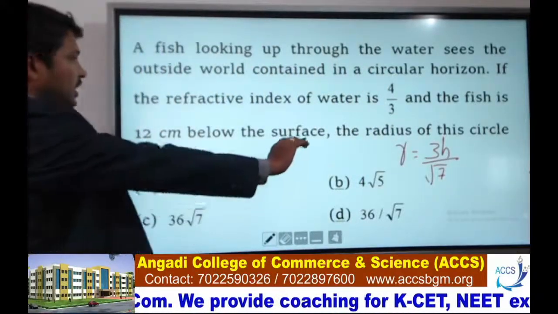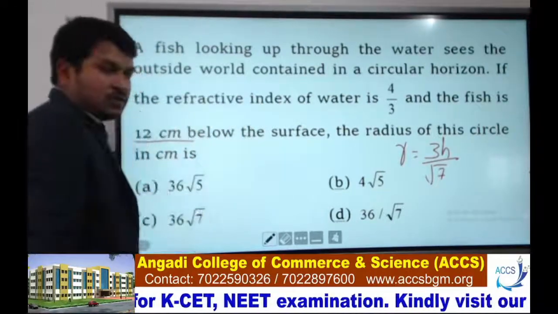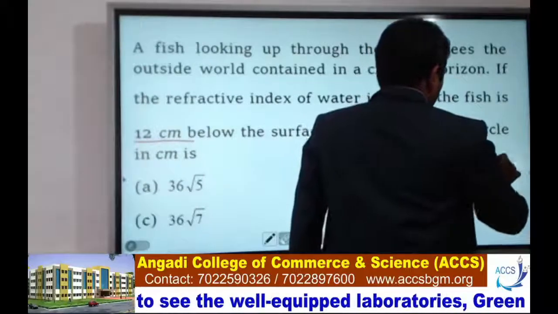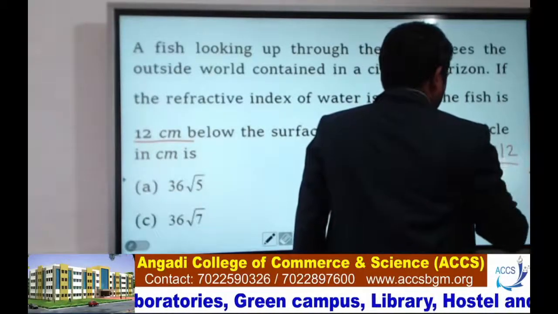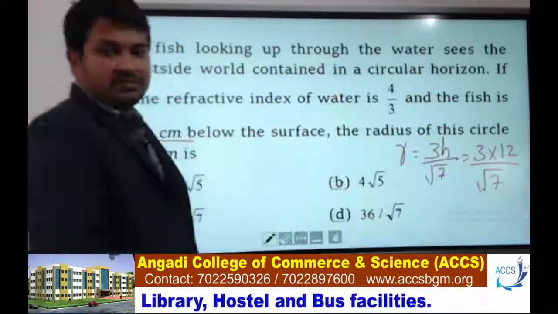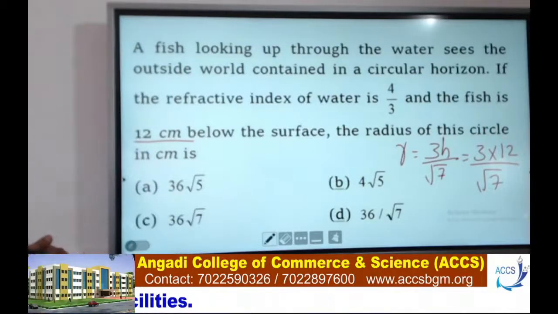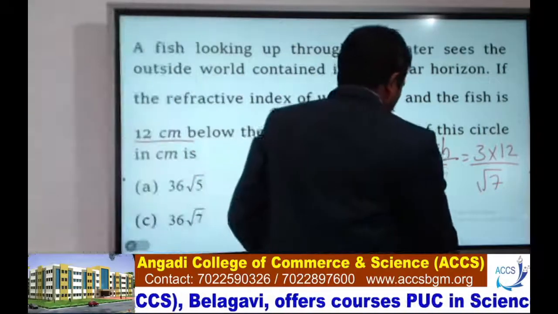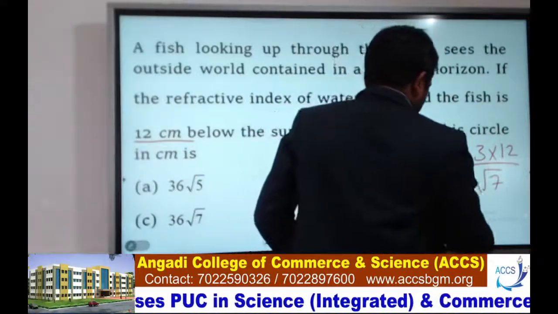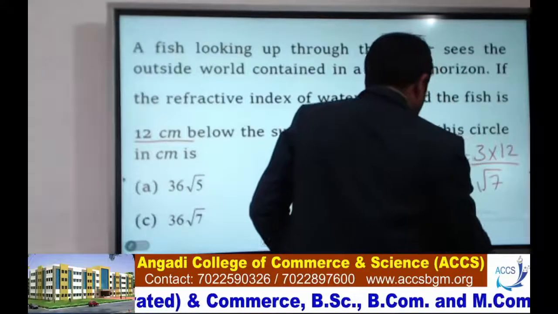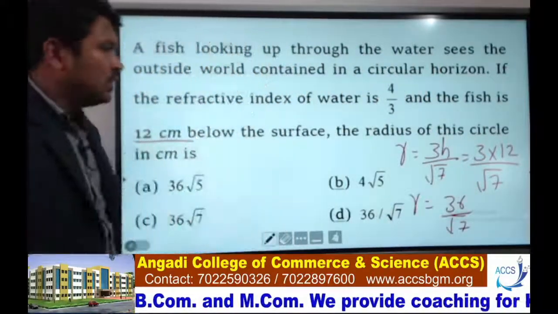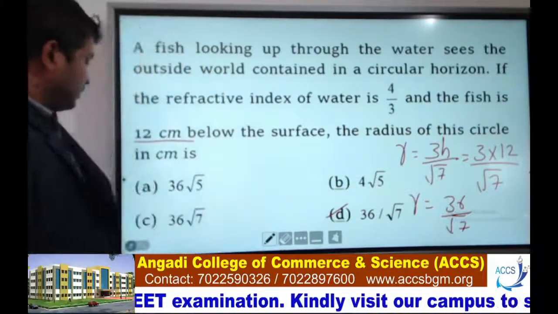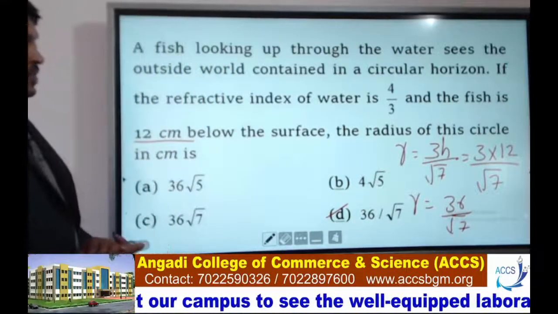Just here, how much is the fish below? 12 centimeter. So 3 into 12 divided by root 7. Yes, simplify this one. That is again r equals 36 divided by root 7. Option B is the right answer.